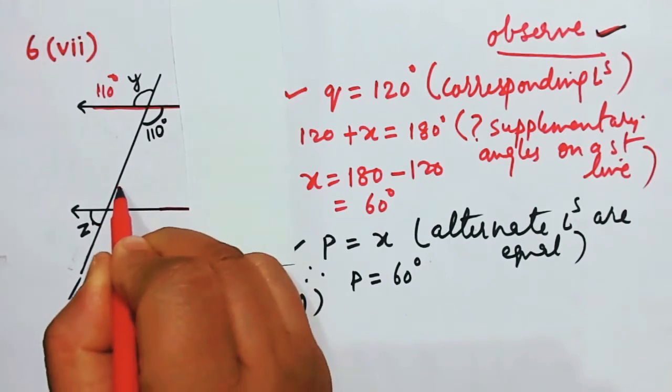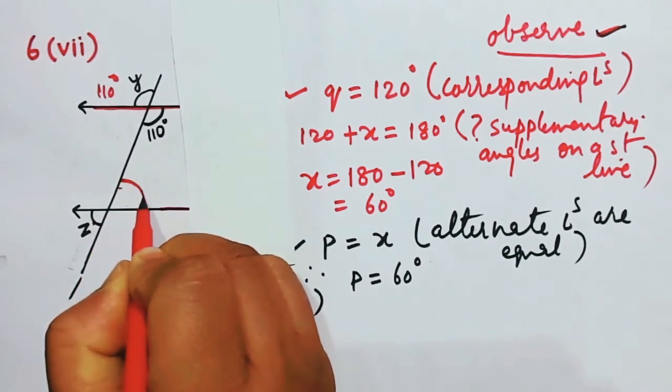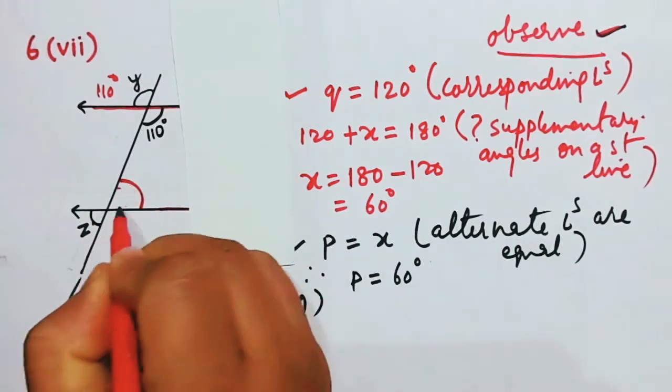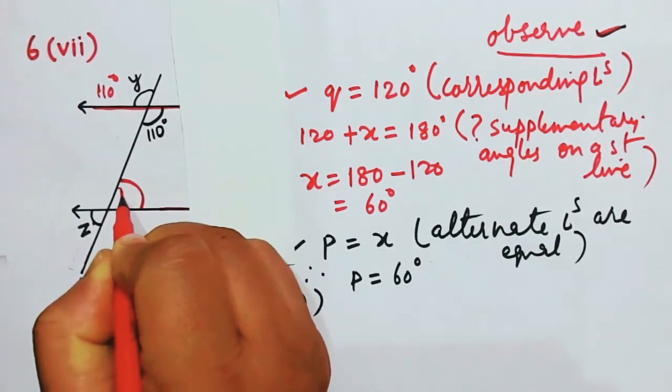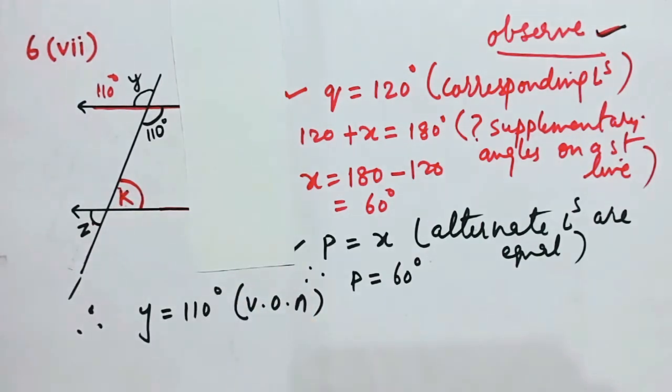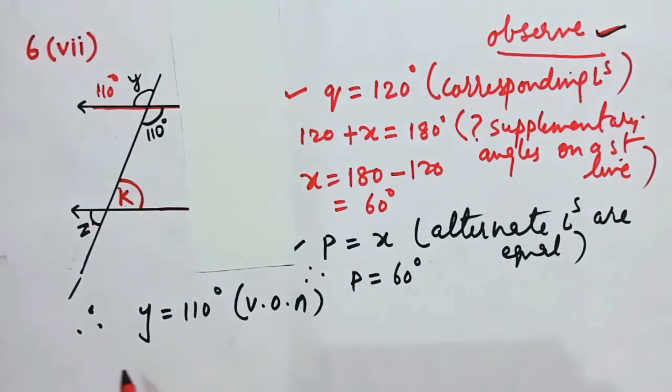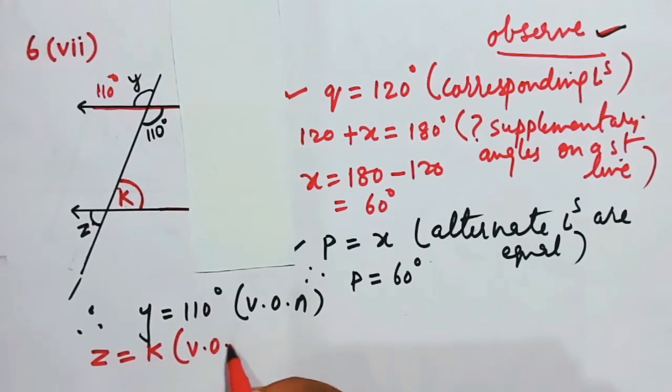So here I am going to write, let me write k. Okay, k is my name. So naturally z will be equal to k. Why? Because they are also vertically opposite angles. Very good.